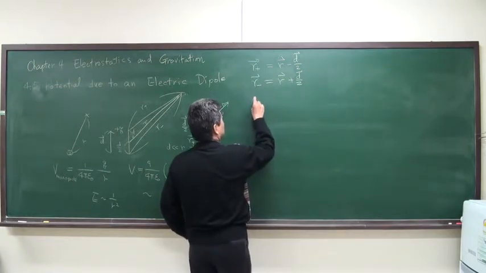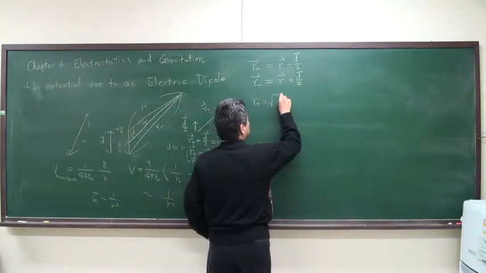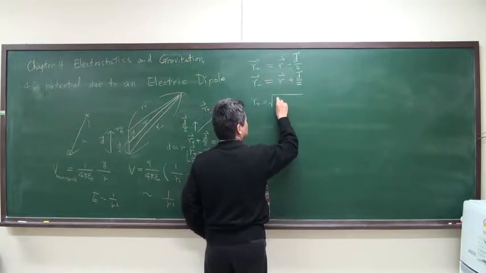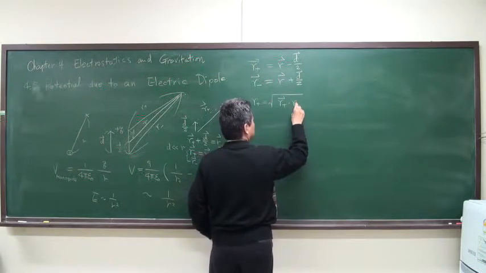R plus magnitude is the square root of r plus dot r plus.